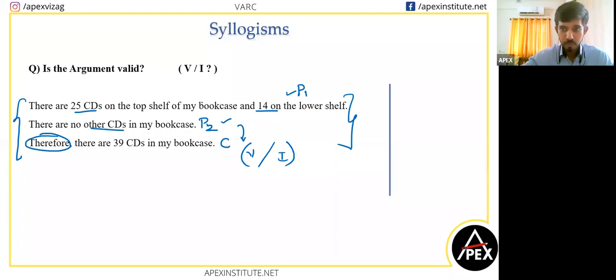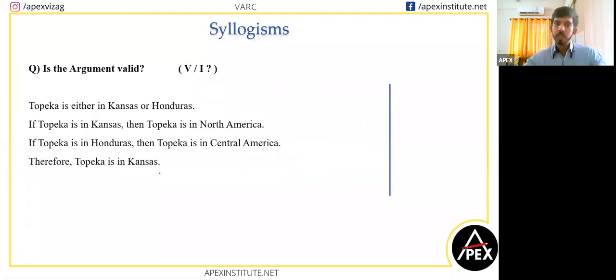So there may be other shelves, we don't know, but no other CDs on those shelves. So we definitely know there are 25 on top, 14 below, and no other CDs. Therefore, there are 39 CDs in my bookcase. So this is a valid argument. Yeah? 25 plus 14, 39. Not invalid. Yeah, let's do one more similar kind of argument.